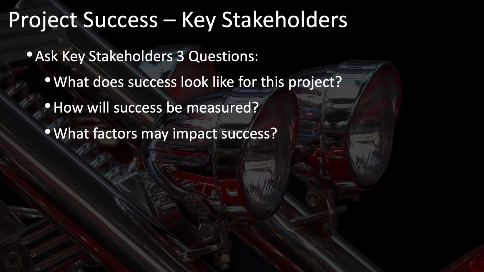And it's also important to consider the factors that could impact success, both positive factors that could help it, as well as negative factors that you'll need to address in risk management. It's much better to ask and answer these questions early on, before the project has started, rather than waiting until later in the project or until the project is finished, only then to find out that your key stakeholders don't really see quite eye to eye on what success means and how it will be measured.